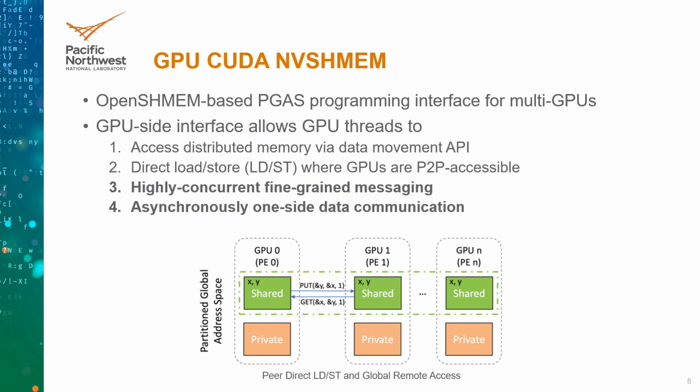It allows GPU threads to access distributed memories through data movement APIs, and it builds direct loads and stores, and builds P2P communications between GPUs. The advantage of NVSHMEM is that it provides high-concurrency, high-frame-rate message passing across the GPUs, and is able to achieve asynchronous one-sided data communications.